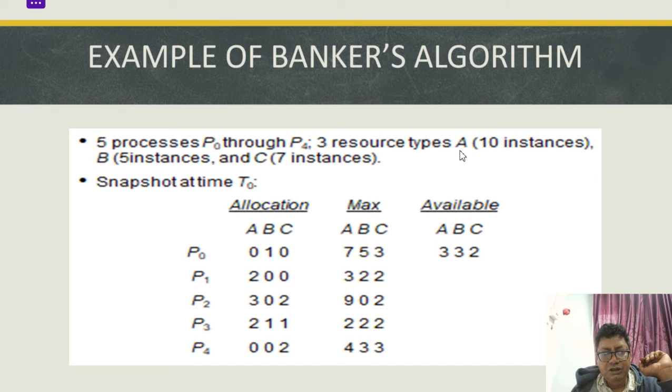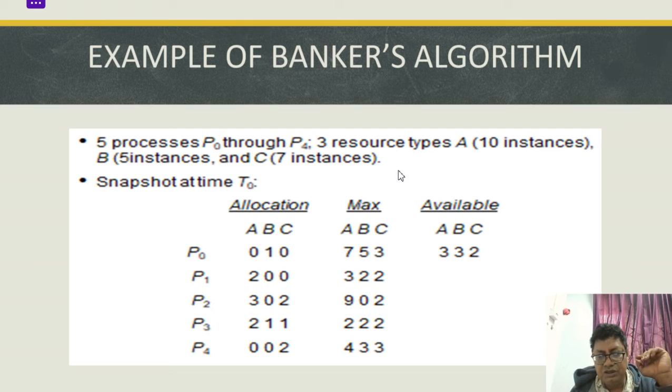Resource types are 3. Resource can mean a monitor, a hard disk, a printer, anything. Assume the resource types are A, B, and C, where A has a maximum capacity of 10 instances. For resource type B, the maximum capacity is 5 instances, and for resource type C, the maximum capacity is 7 instances.